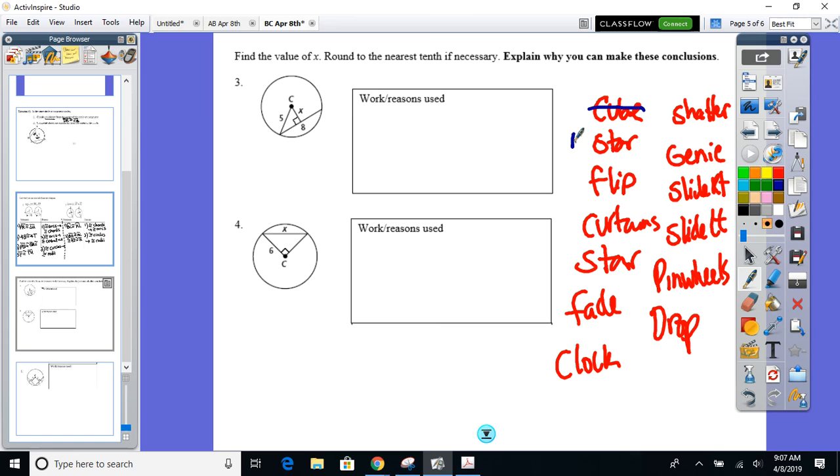Flip. Curtains. Fade. We just had that today. Clock. Things don't come up twice. Okay. Shatter.